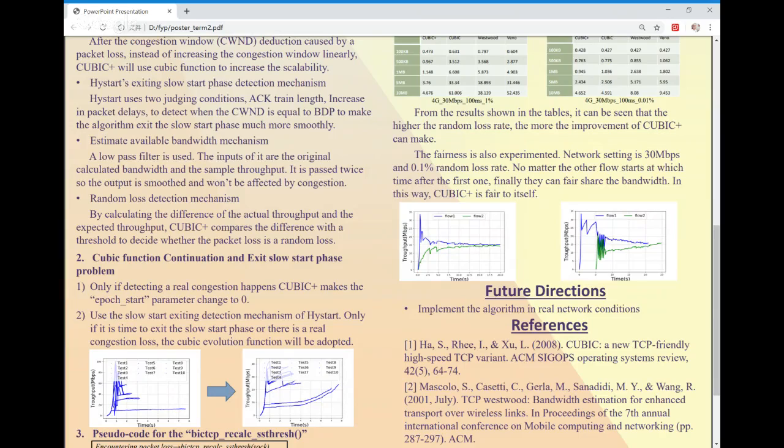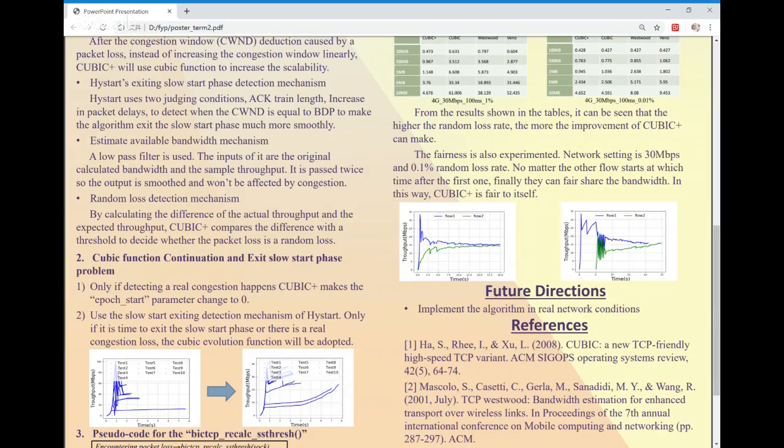The low-pass filter will be passed twice to make the output smoother. However, there is a problem: since the sample throughput only accounts for a small part of the low-pass filter, the estimated bandwidth will increase very slowly.